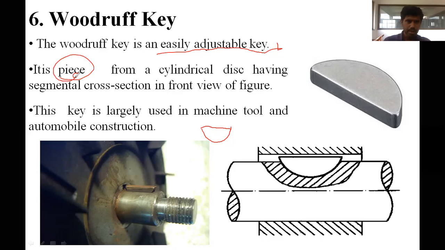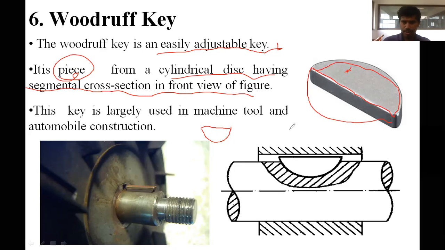It's a piece from a cylindrical disc having a segmental cross section in the front view of the figure. So it is a cylindrical disc, and from that we take one segment, this portion, in the front view of the figure.